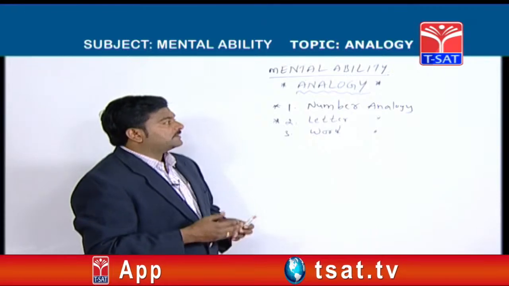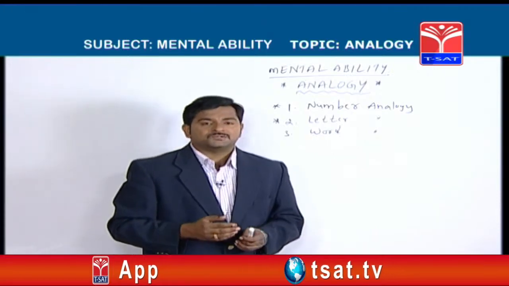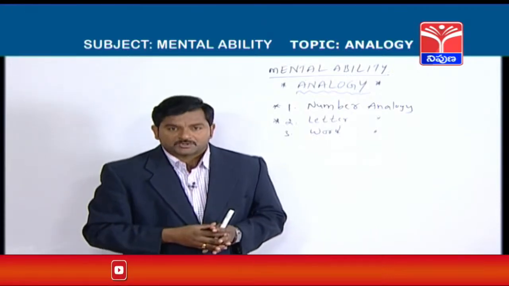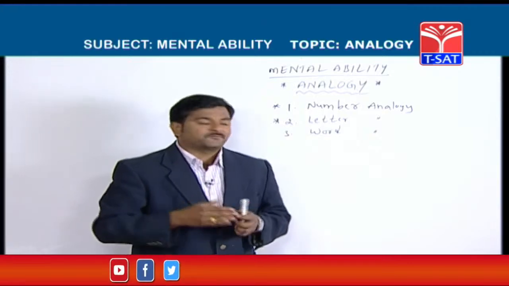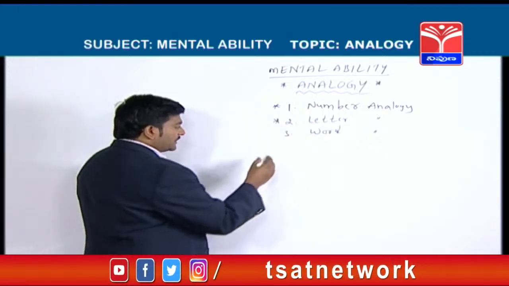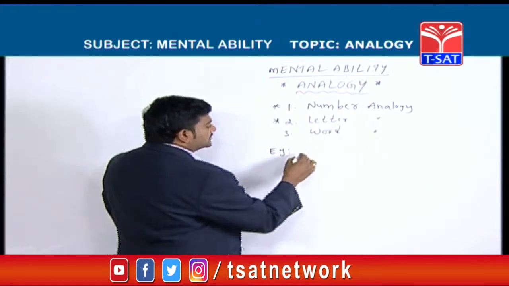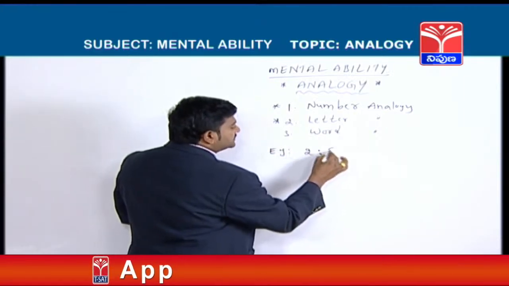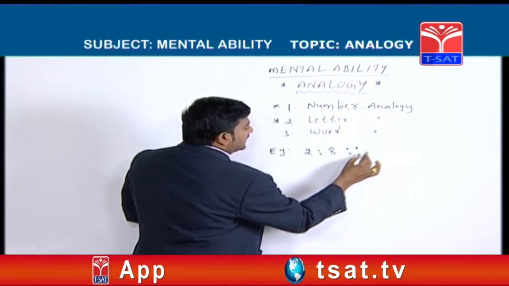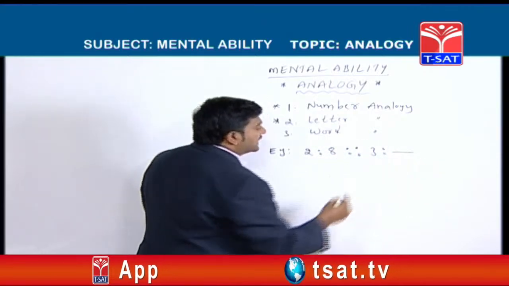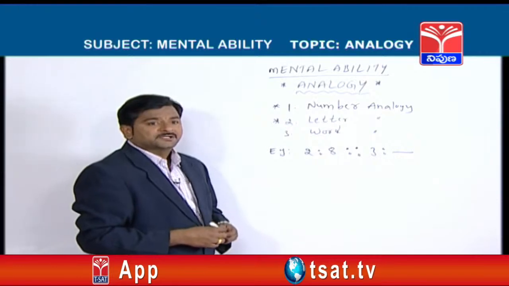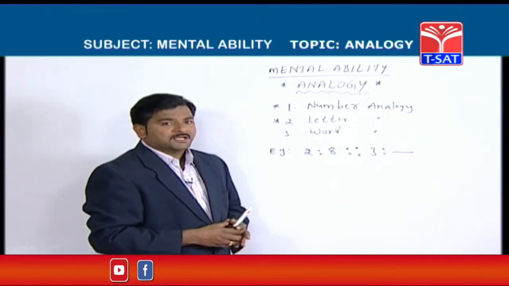Usually the question will be like this: the question follows two sets of pairs. For example, let's say I am taking one example. The question is given like this: 2:8 is as 3:dash. This is the simple question I have taken.